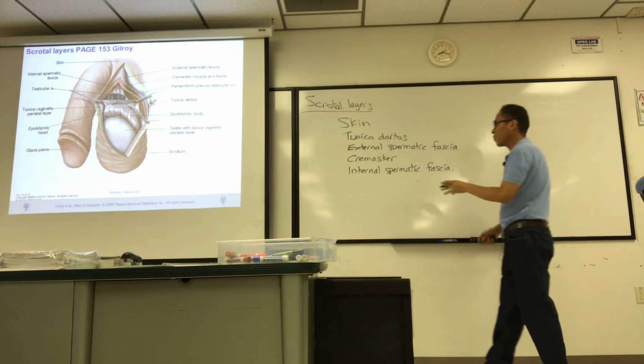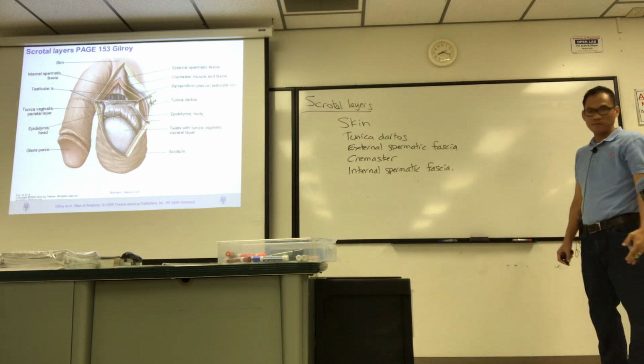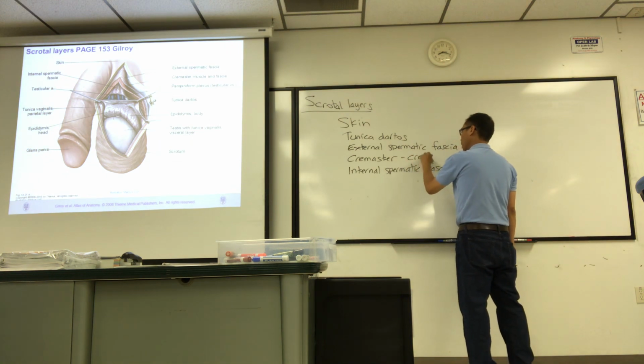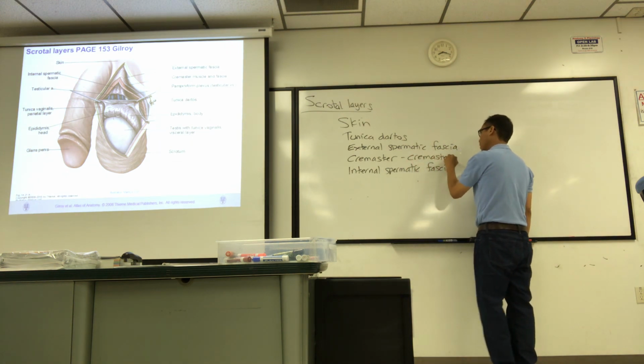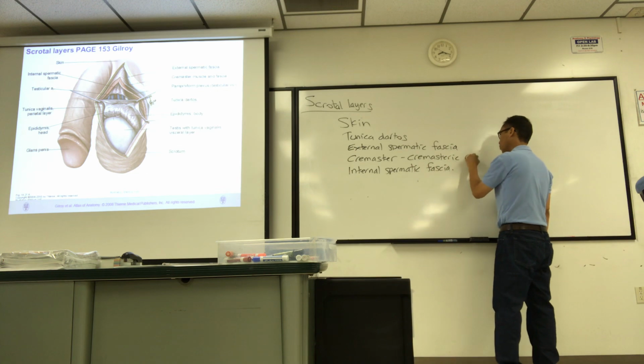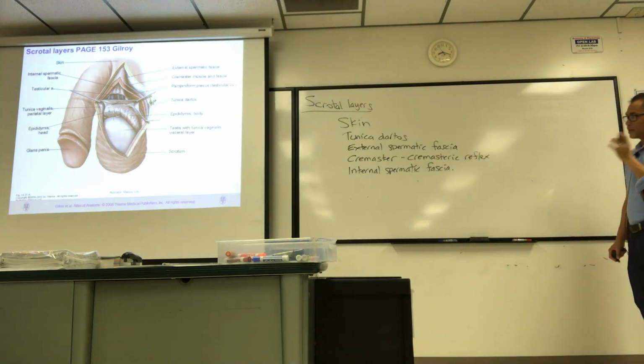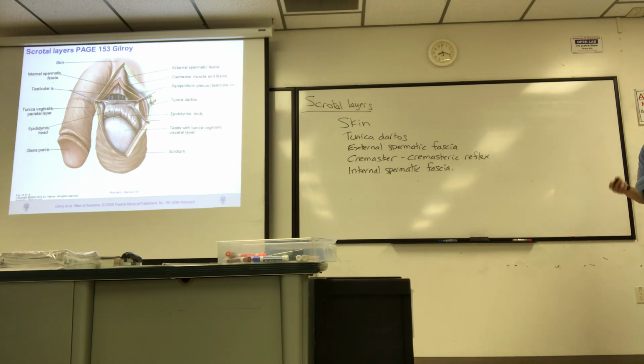And of all these layers, the only one that has some important function is the cremaster muscle. There's something known as the cremasteric reflex, where when that muscle contracts, it draws the testes closer to the ab wall. It doesn't suck them back into the ab cavity. They're just a little bit closer to the ab wall for warmth.